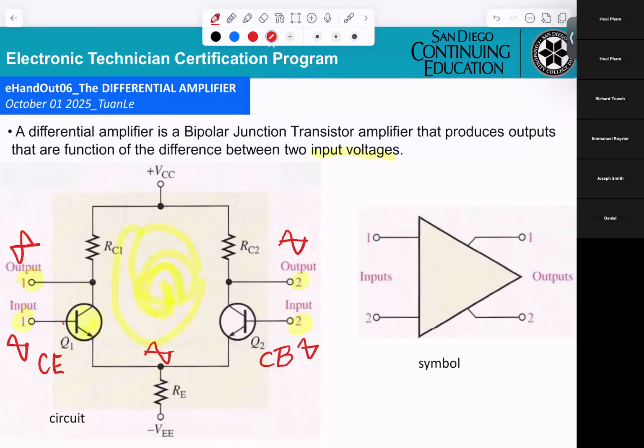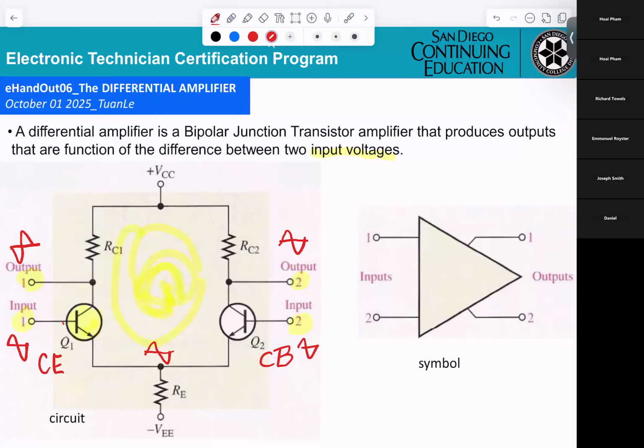If input one and output one were on the right side, and input two and output two were on the left side, would the right be common emitter and the left side be common base? Exactly.